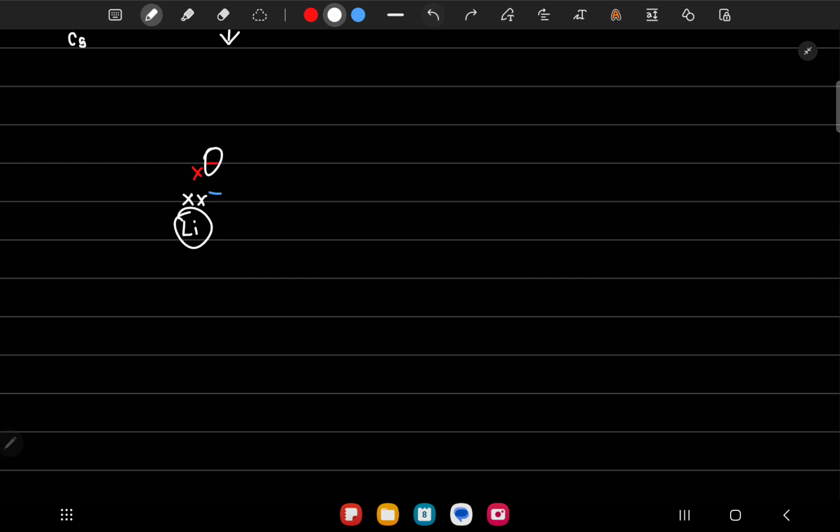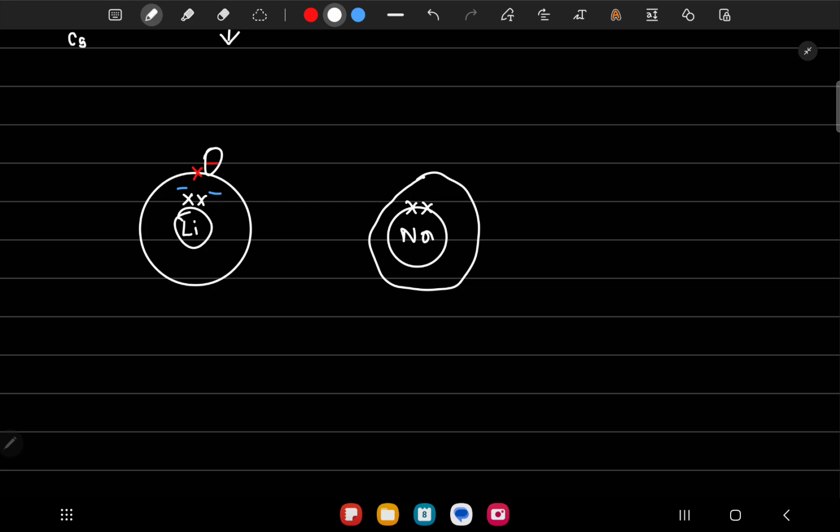If we go from lithium to sodium or potassium, which have more electrons in its inner shell, so this is sodium.